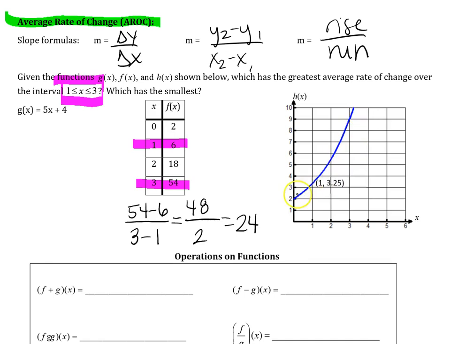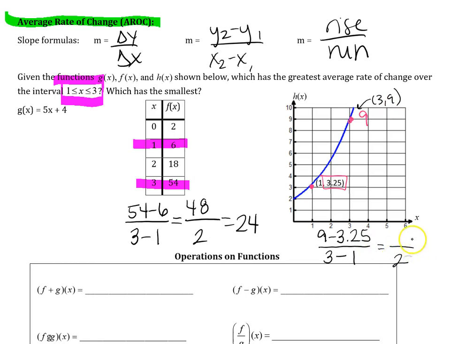Over here on the graph, I'll pick out the values. So at x equals 1, we're at 3.25. At x equals 3, it looks like we're up here at 9. Okay, so I do 9 minus 3.25 over 3 minus 1. Again, this was the coordinate 3, 9.